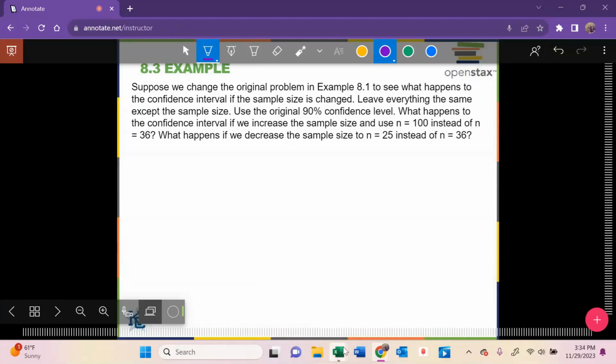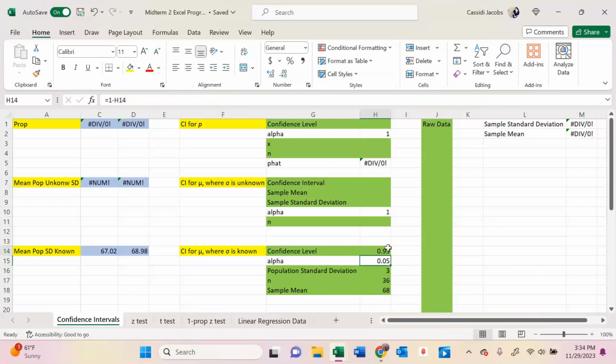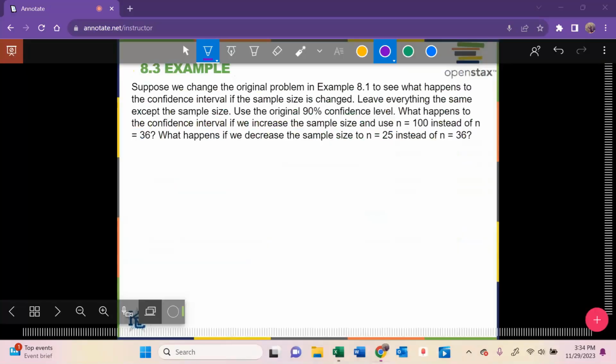So let's take a look here. So this time I'm going to go back and I'm going to change this back to 0.9 because that's the original confidence level. We saw when our sample was 36 what the answer was. If we increase our sample size, we see that it changed a little bit. It's now 67.51 to 68.49. So let's record these so we can look at them at the end.